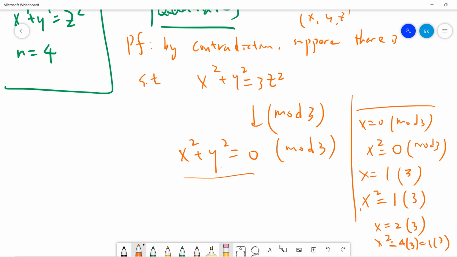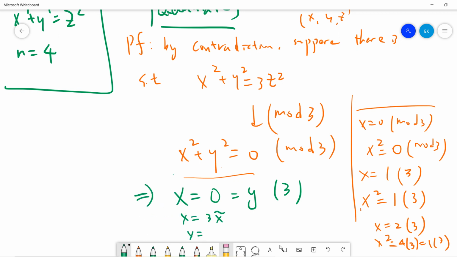So in order for the sum of two squares to be 0, the only possibility is that x and y are both 0 mod 3. That means I can write x equals 3x prime, y equals 3y prime, and I put it back.